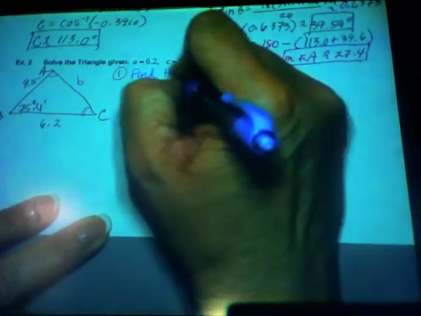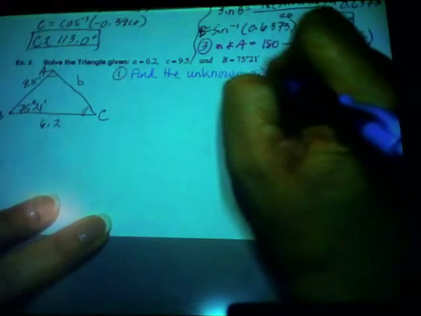So very first step, number 1, find the unknown side. In this case, it happens to be B. First, using law of cosines.